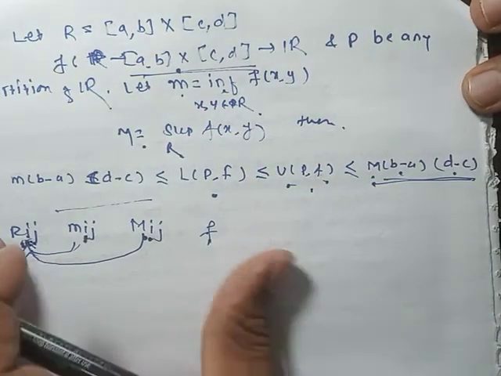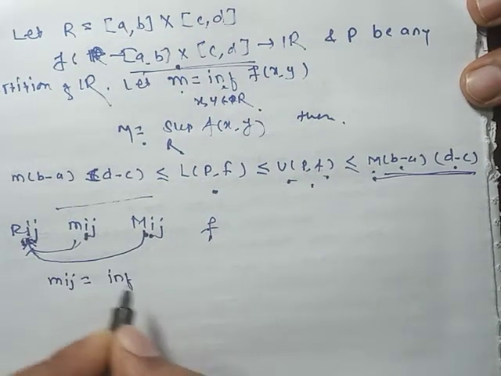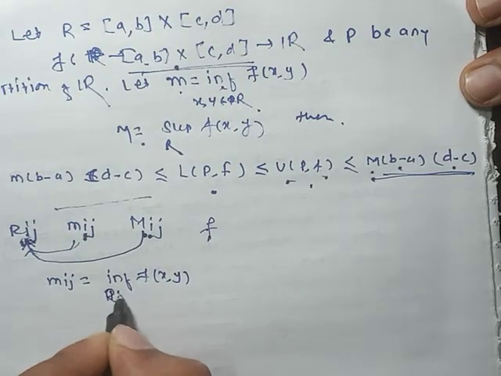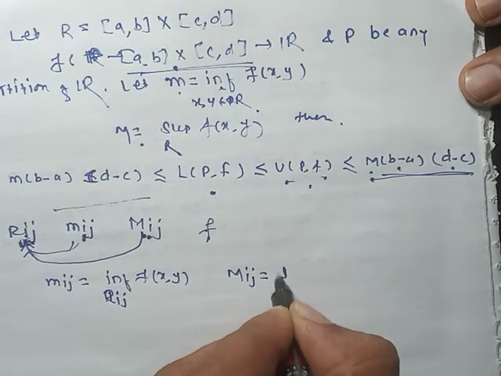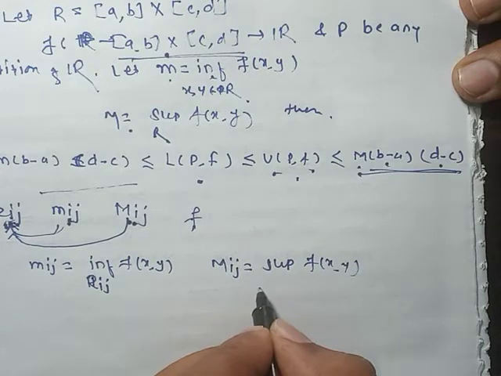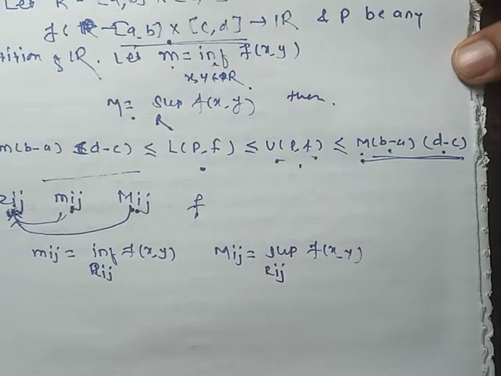So we have the quantities: mij is the infimum of f of x comma y over Rij, and capital Mij is the supremum of f of x comma y over this rectangle Rij.